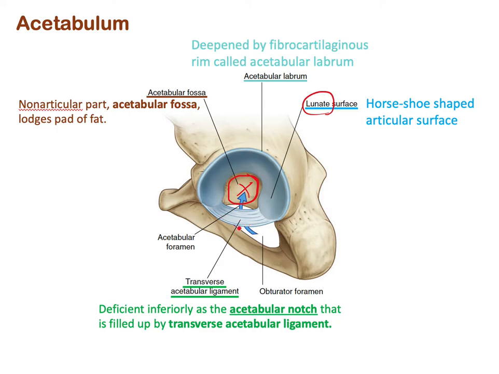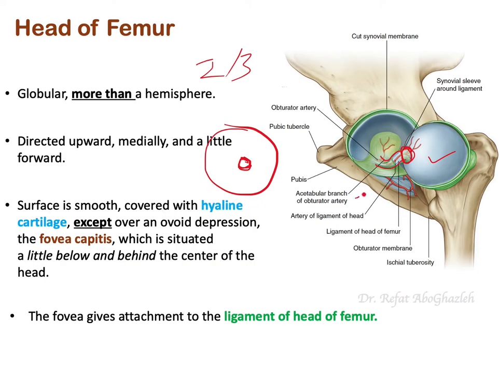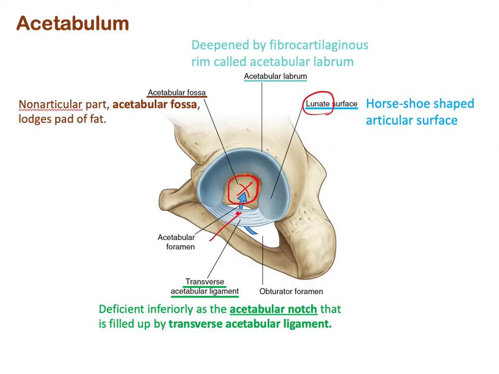So till now we have mentioned two ligaments: the ligament of the head of femur and the transverse acetabular ligament. We'll talk about both of them, but you have to remember that both are intracapsular ligaments. That means ligaments inside the capsule, inside the joint, right?